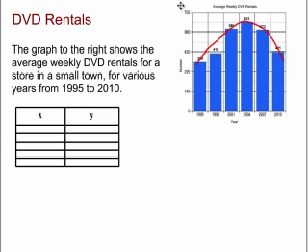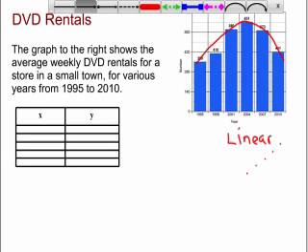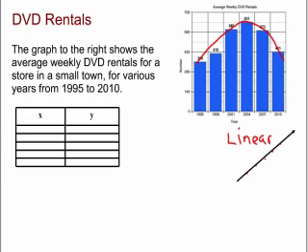Remember, so far we've seen linear, and we saw that linear works best when you have a rate of change that is constant or very close to constant. That is, the points along the graph are changing at about the same rate.